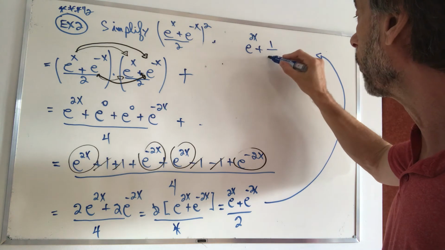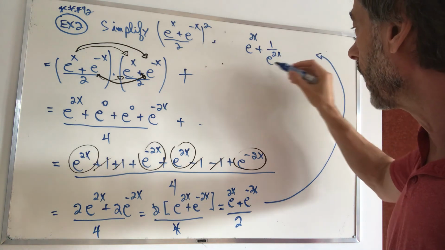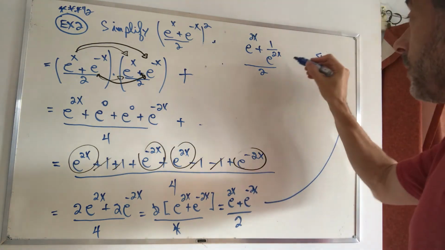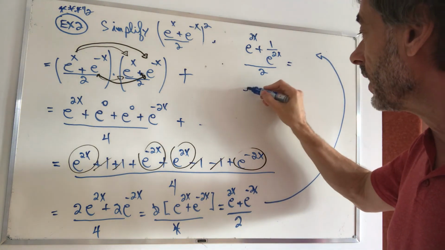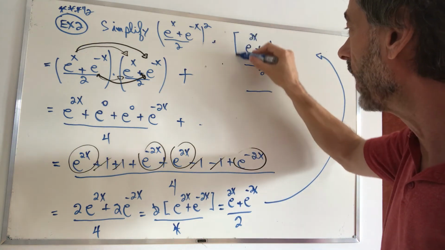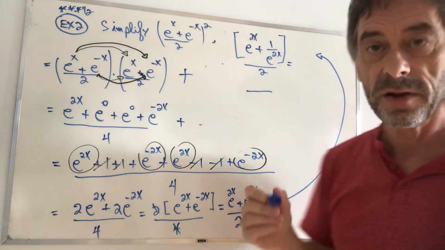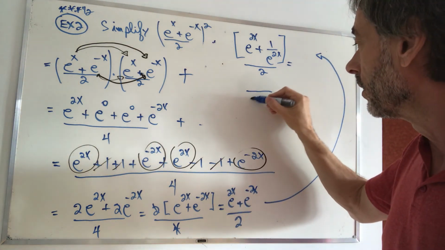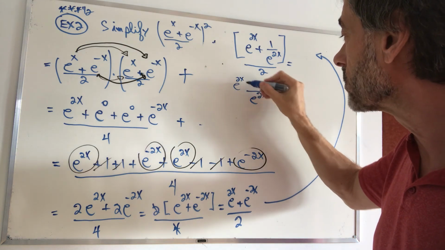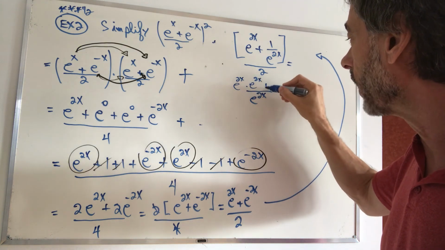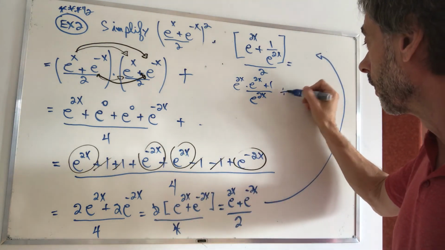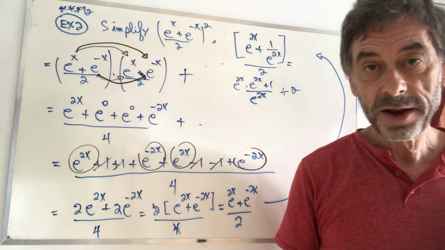So 1 over e^(2x), all over 2. Which means that I can say, okay, common denominator for the numerator shall be e^(2x), and that's e^(2x) times e^(2x) plus 1, and this whole thing is divided by 2.